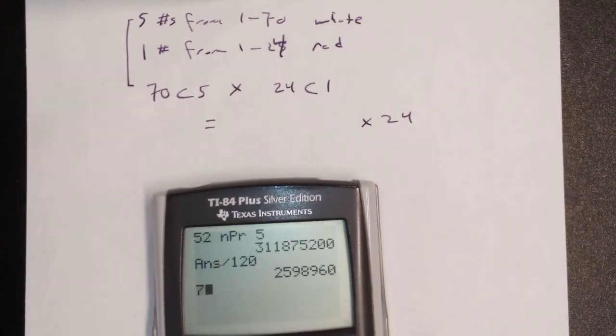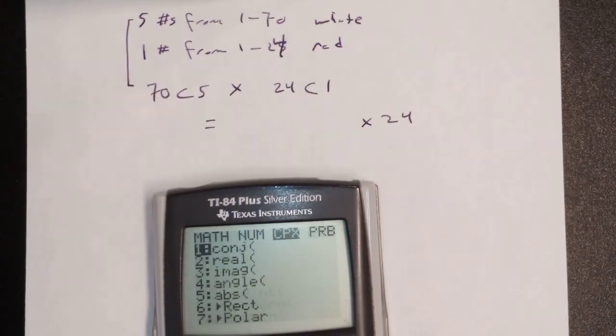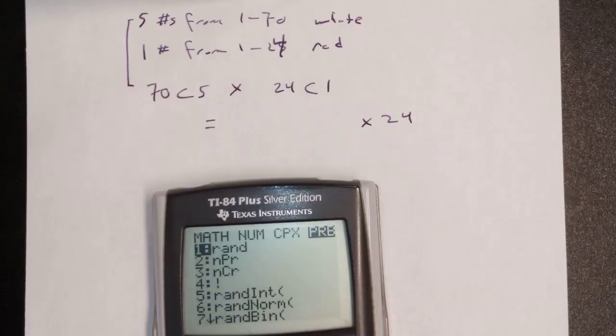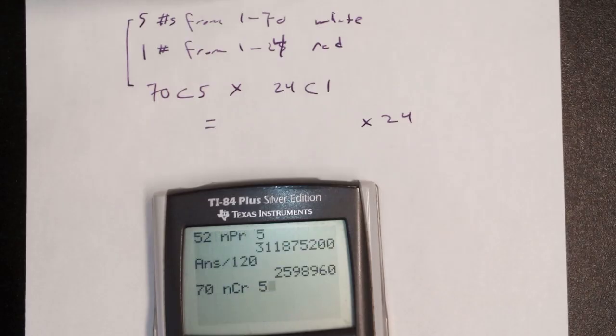And I go 70, math. I go back to the PRB section, and lo and behold, there is my combination option. Option 3. And I tell it to choose 5. Take this number, multiply by 24.